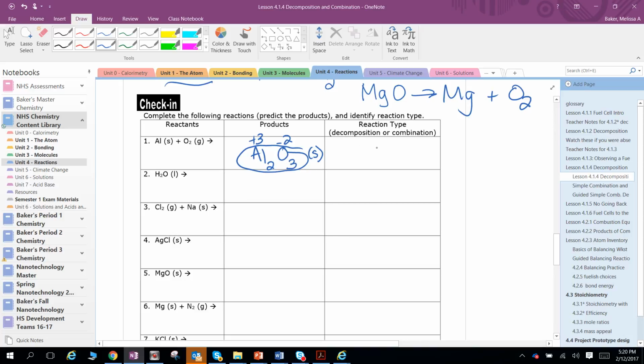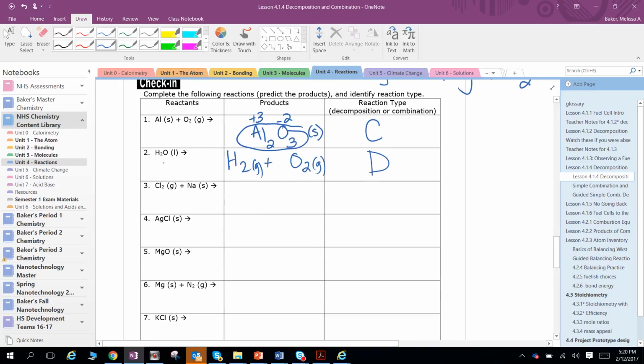And since this is two things adding together to become one, this would be a combination reaction. Water breaking down, we've seen this several times, forms hydrogen gas and oxygen gas. So this would be a decomposition. A big hint was that it was one molecule and then just an arrow.